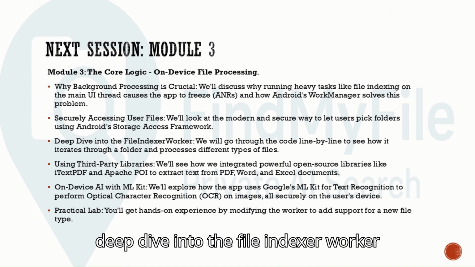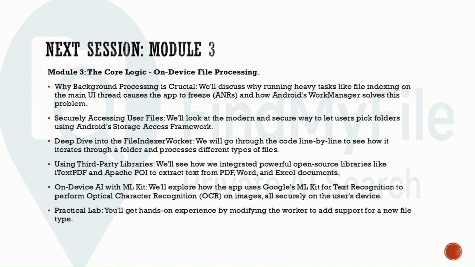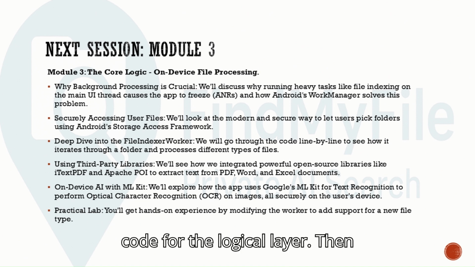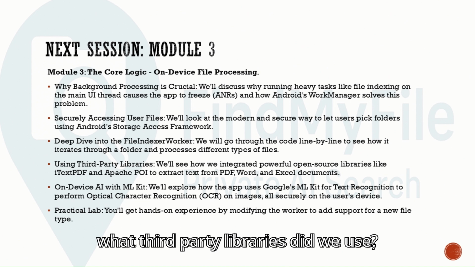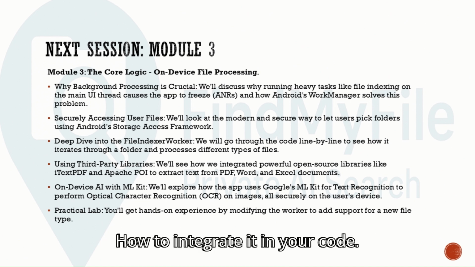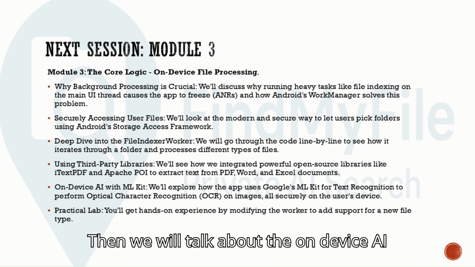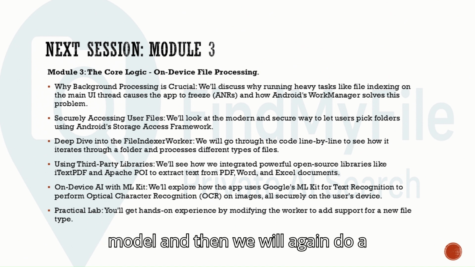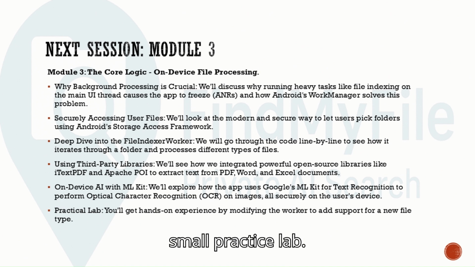Then we will deep dive into the file indexer worker, which is the core code for the logical layer. Then what third party libraries did we use, how to integrate it in your code. Then we will talk about the on device AI model. And then we will again do a small practice lab.